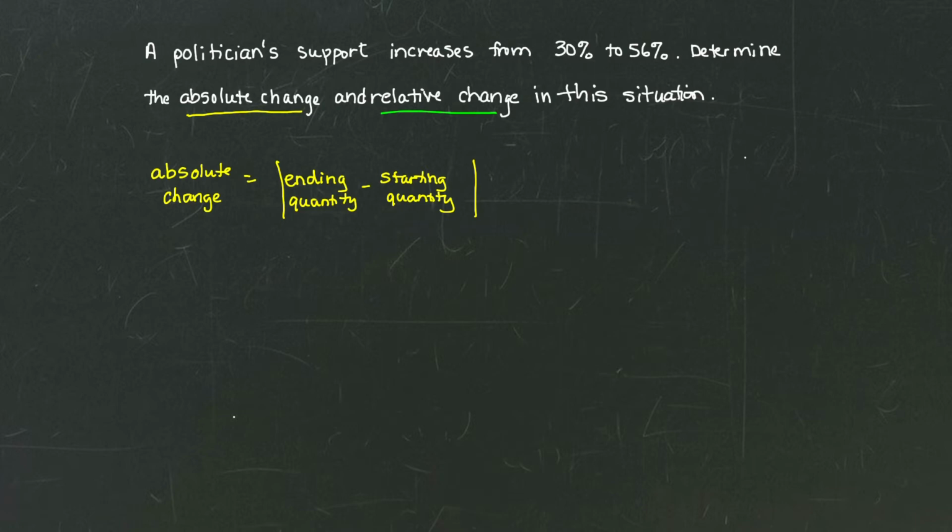For our problem, we're looking for the absolute change between 30% and 56%. So if I take my ending quantity, which is 56%, and I subtract from it the original or starting quantity, which is 30%, and take the absolute value of that difference, that tells me that 56% minus 30% is just 26%, and the absolute value of 26% is just 26%.